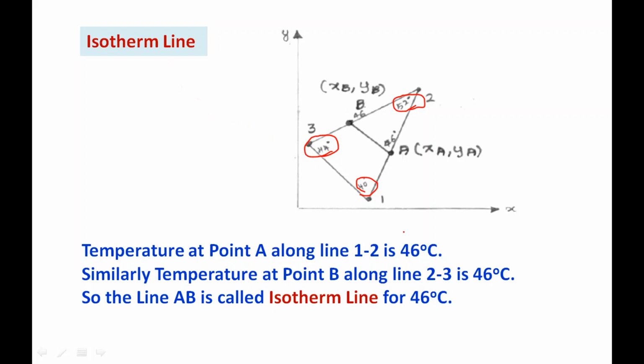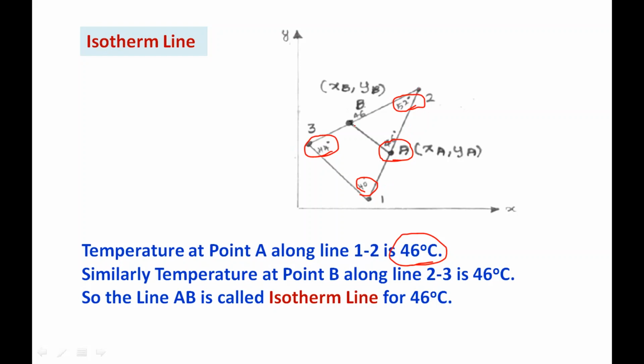The isotherm line for 46 degrees is asked. Along the edge or side 1 to 2 there may be a point with the temperature of 46 degrees, because along this side 1 2 the temperature is varying from 40 to 52. So there may be a point along this side which is having 46 degrees Celsius.